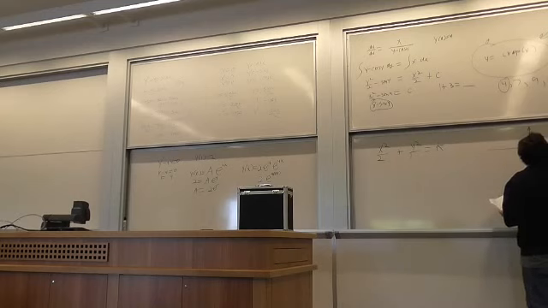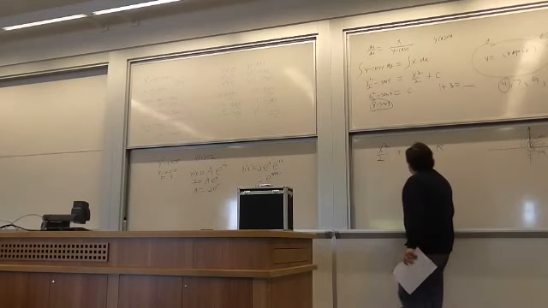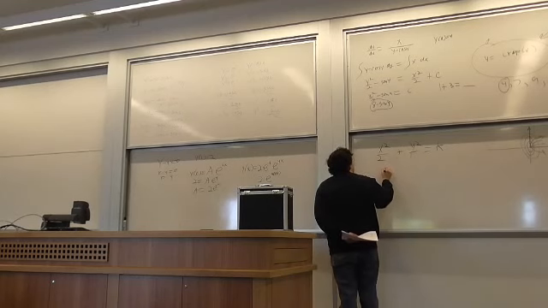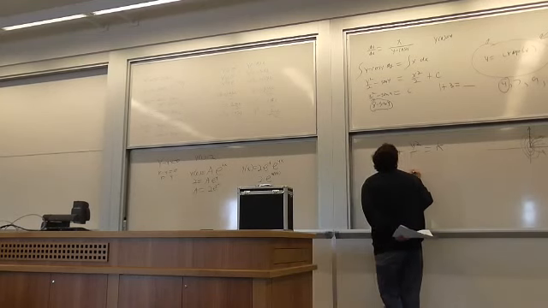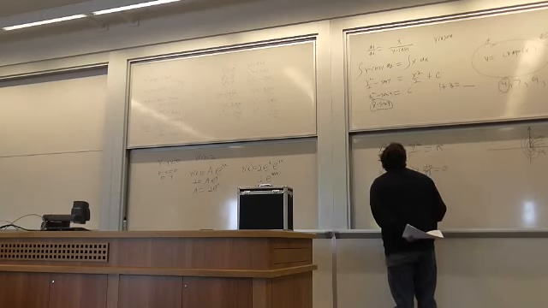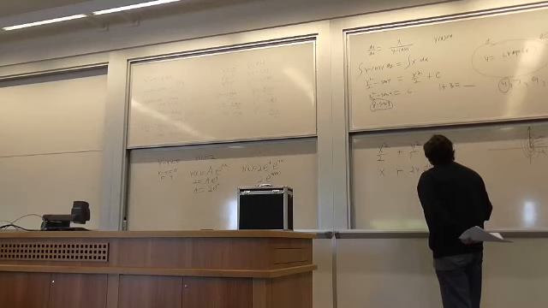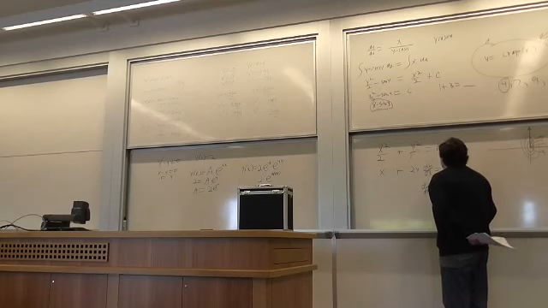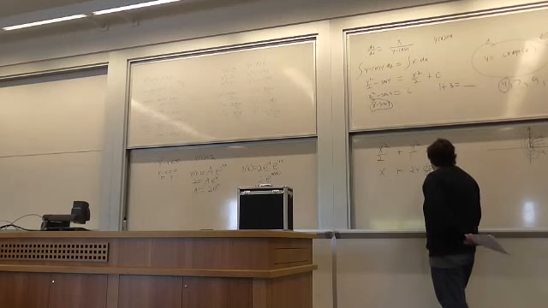Okay, so implicit differentiation, this is x plus 2y dy/dx equals 0. So dy/dx equals minus x over 2y.